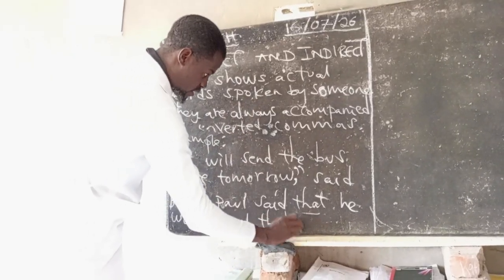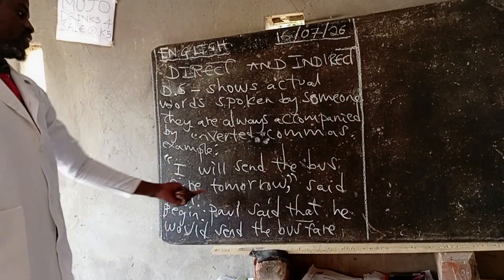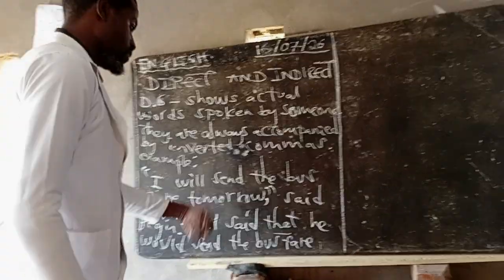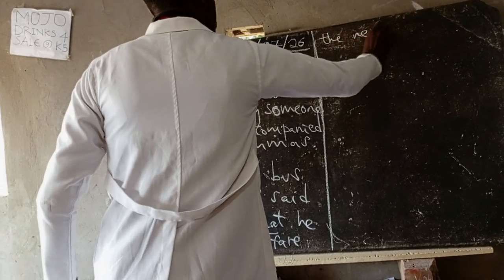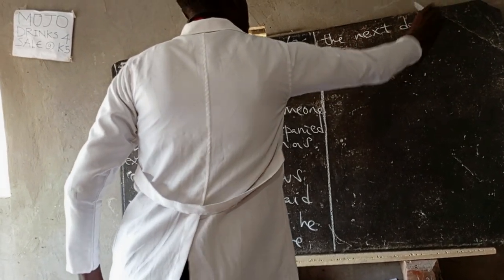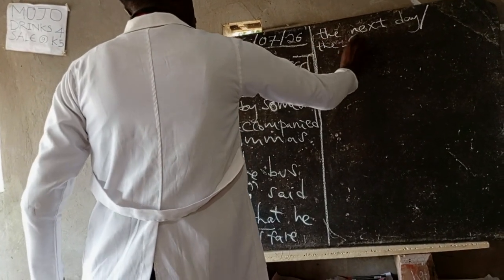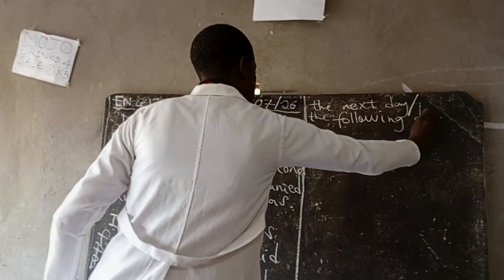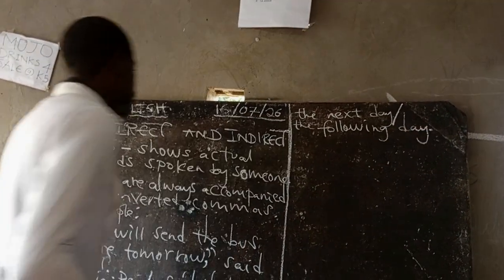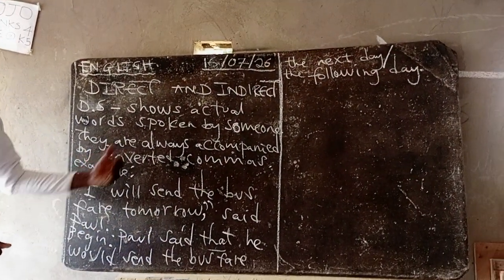Tomorrow, as an adverb of time, changes to the next day or the following day. So that's how we change direct speech to indirect speech. Indirect speech is just reported speech.